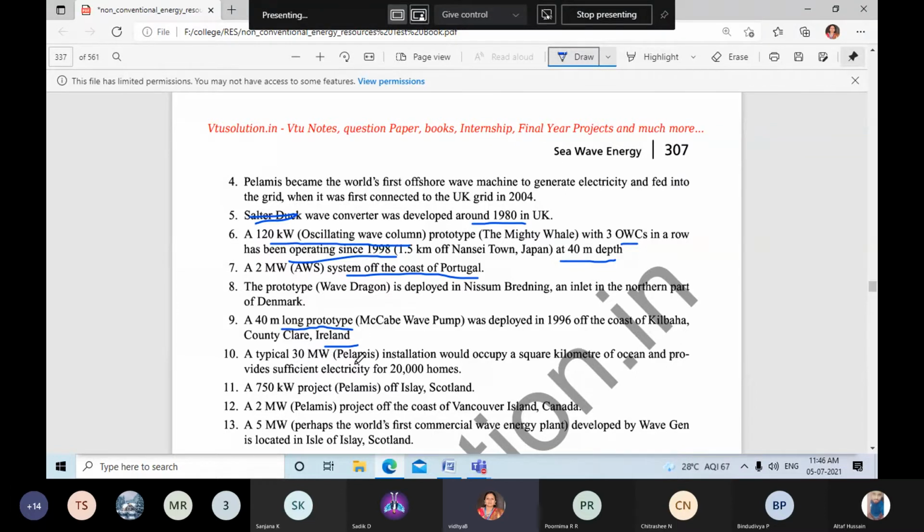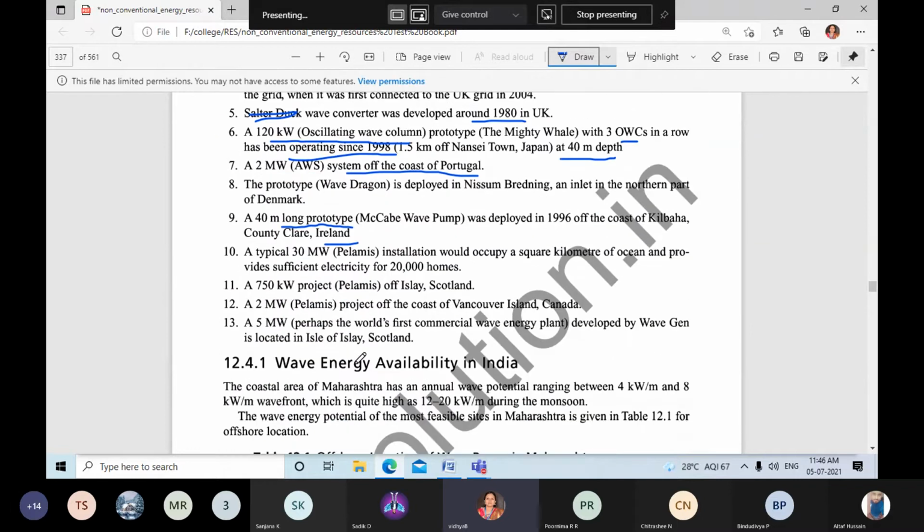A typical 30 megawatt installation would occupy a square kilometer of ocean and provide sufficient electricity for 20,000 homes.